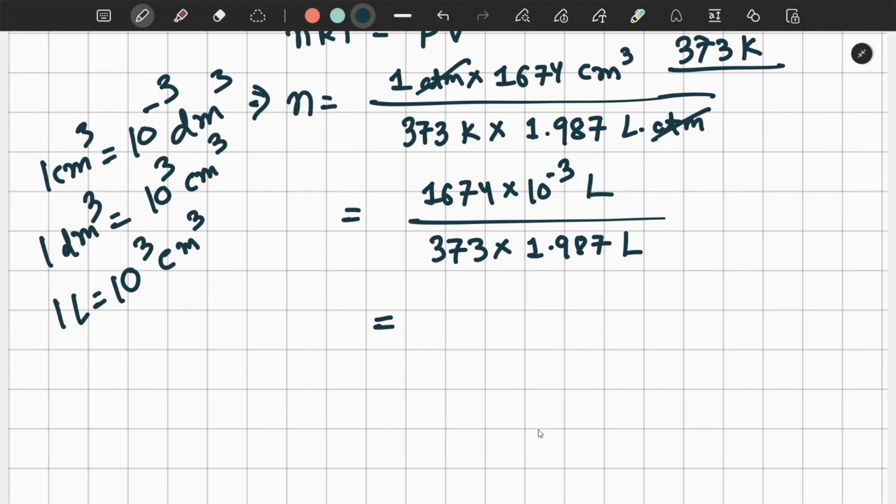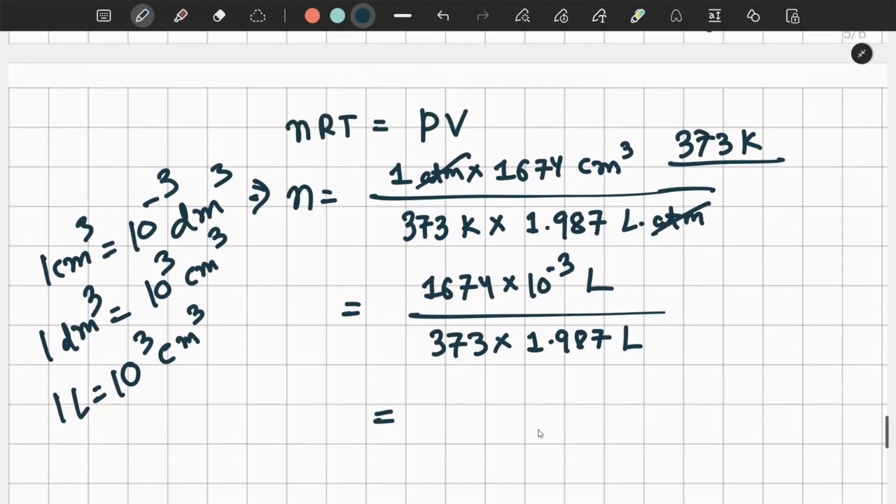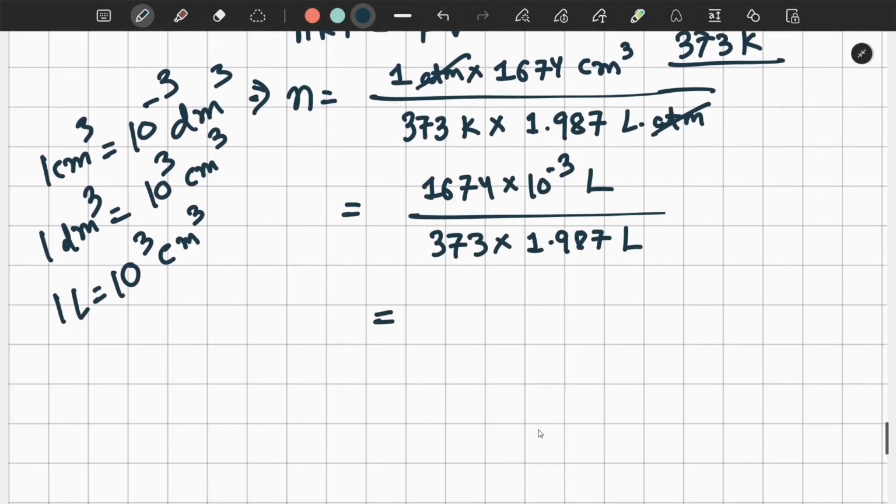Do you get the point? In general, we just consider n equals 1, but here this additional data is given. Will there be a big difference in the answer? Let's see. n is very small.